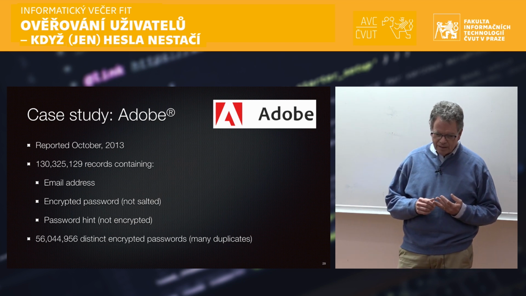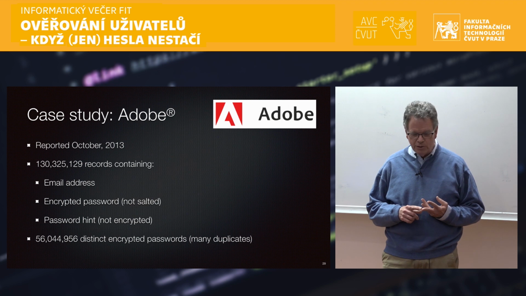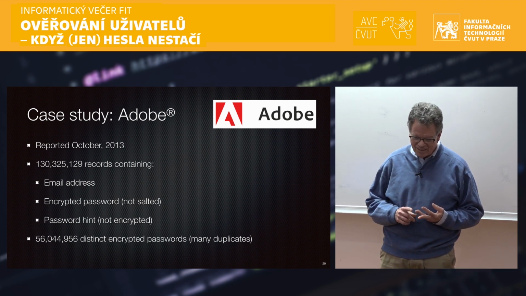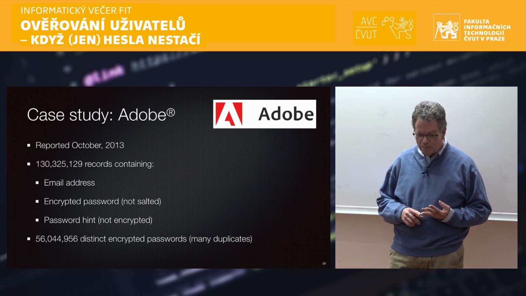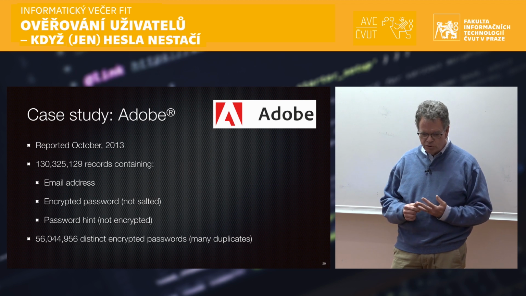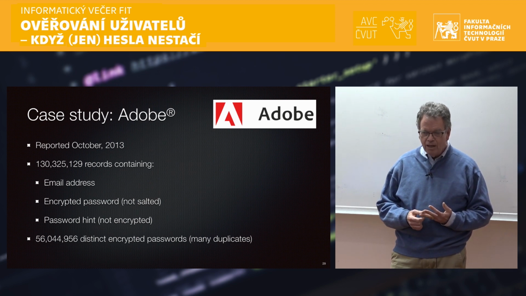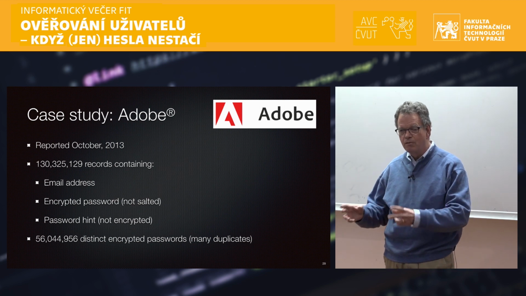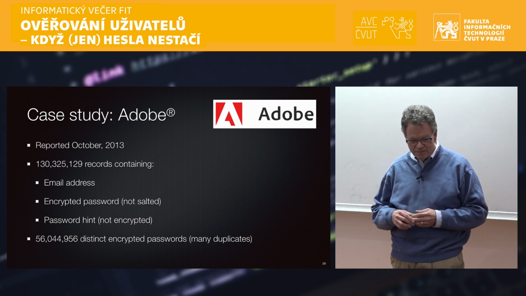But it included the email address of the user, so we knew who it was, which is helpful in some cases. It included their encrypted password, but it was encrypted just using a secret key. It wasn't salted, so everybody that had the same password had the same value in the password file.